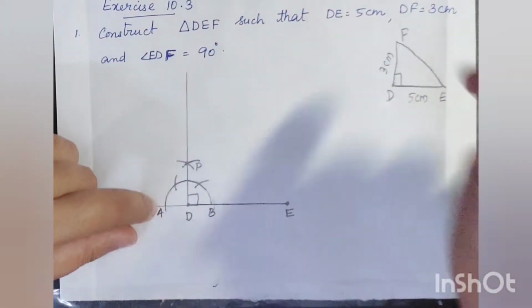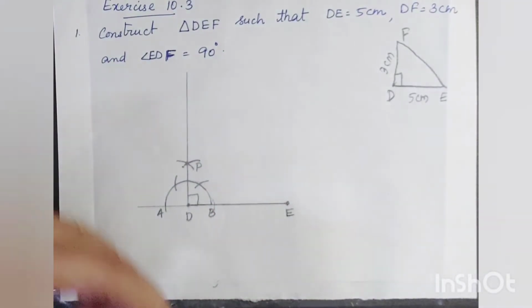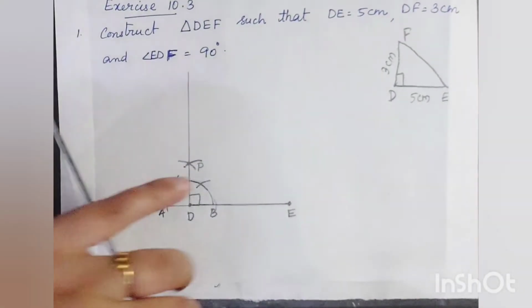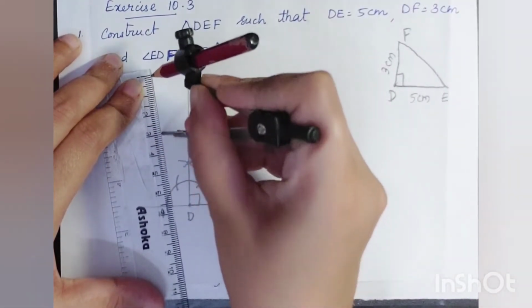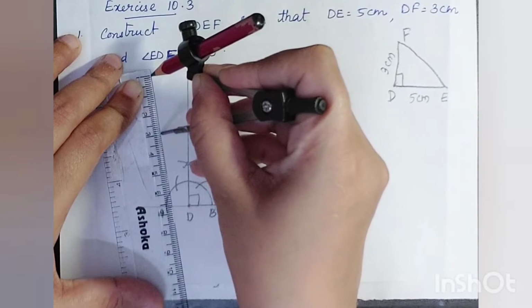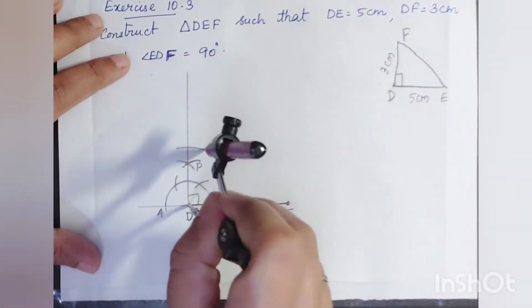DF is equal to 3 centimeter. Now F lies somewhere in this line, right? So how do you locate F? Since DF is equal to 3 centimeter, take 3 centimeter in your compass and keeping D as a center point, cut an arc here.